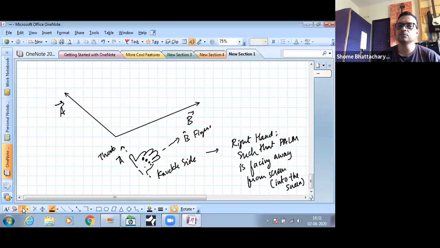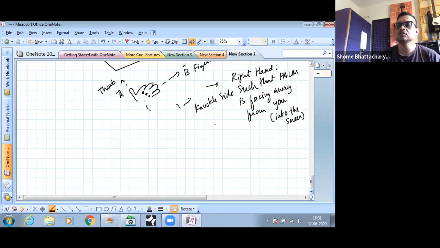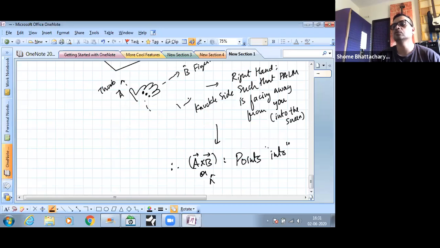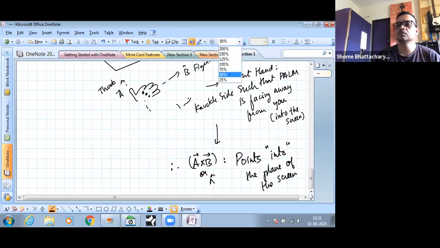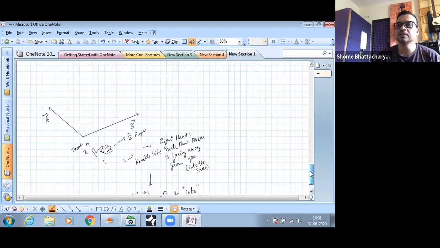It's not away from the screen, rather it is away from you, away from your face, into the screen. So here A cross B or n cap points into the plane of the screen. This is how we make use of what we call the right hand palm rule to determine the exact direction of n cap.